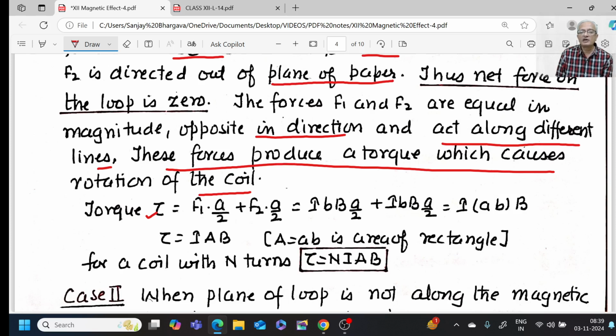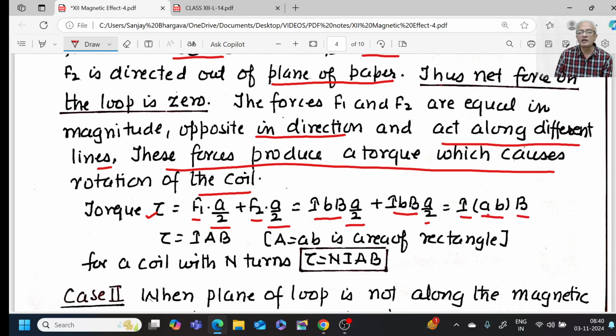So it would be equal to F1 times a by 2 plus F2 times a by 2, which can be written as I b B into a by 2 plus I b B into a by 2. So the total torque becomes I a b B.